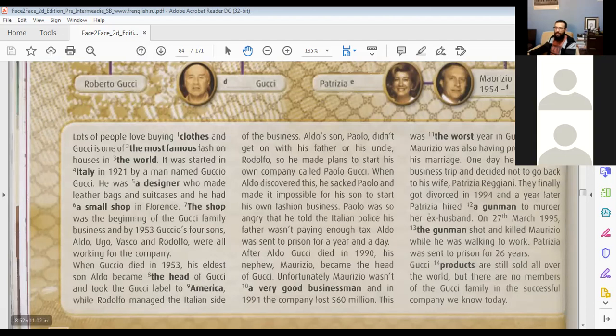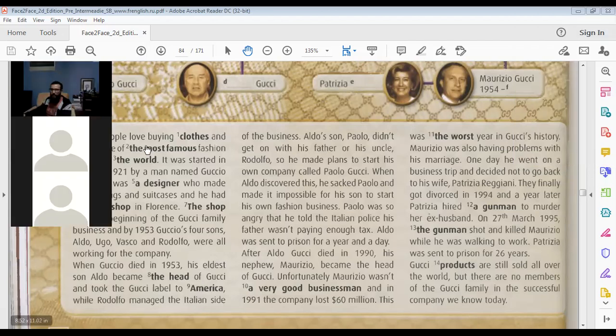Have you seen her picture before? Let me see if I can find her. Let me just share very quickly a photo of her. Here she is. Can you see her?